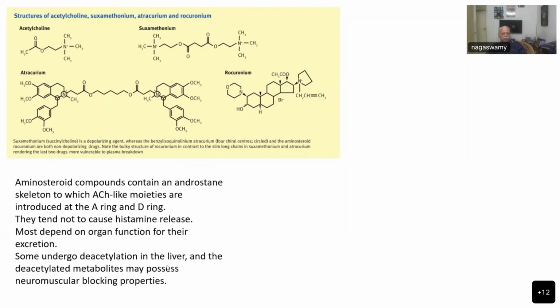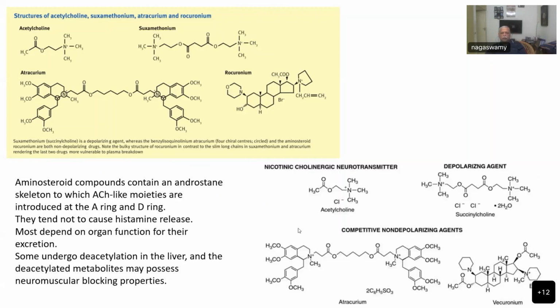Some undergo deacetylation in the liver, and deacetylated metabolites may possess neuromuscular blocking properties also. And when you see the nicotinic cholinergic transmitter, this is acetylcholine. Depolarizing is by succinylcholine, and atracurium and rocuronium, they are all competitive non-depolarizing agents.